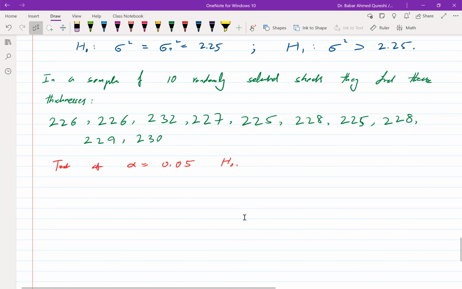So based on my computations, this number was equal to 20.62.